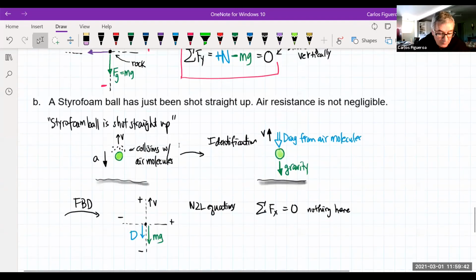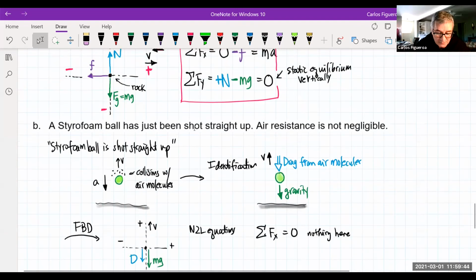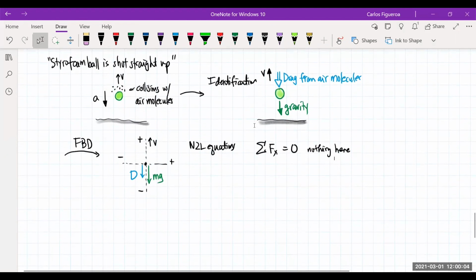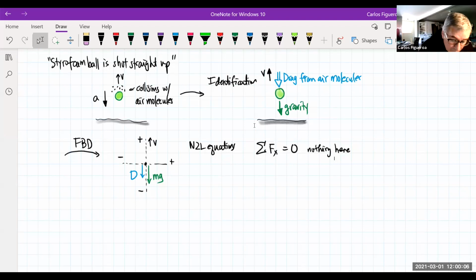The question says the styrofoam has just been shot straight up, so it sounds like it's outside of the gun. If it was in the gun, then something would be accelerating it in the gun. Okay, I understand.